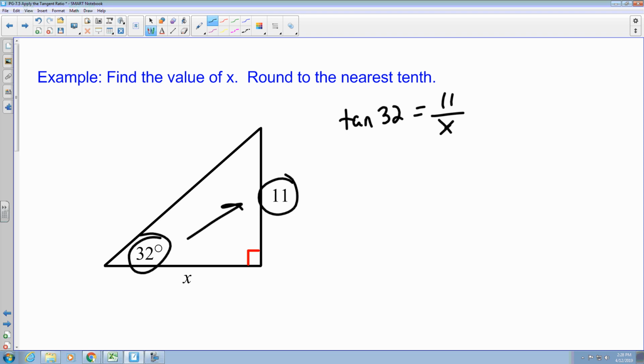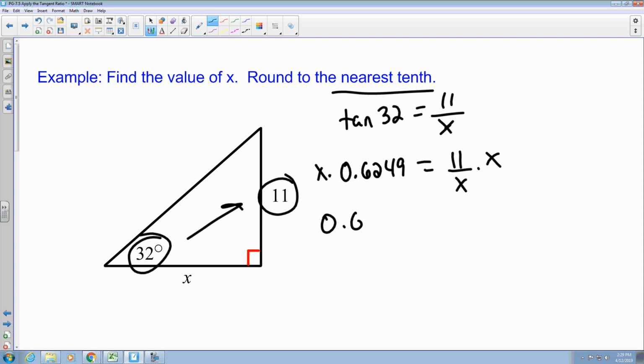All right, so you're going to get approximations in this, but I'm going to write it as 0.6249. There's a bunch of numbers, but we're rounding it anyway, so I'm just going to round to 4 decimal places for this particular instance, and then work it out accordingly. So now I got 11 over x. In order for me to solve for x, I have to multiply both sides by x.